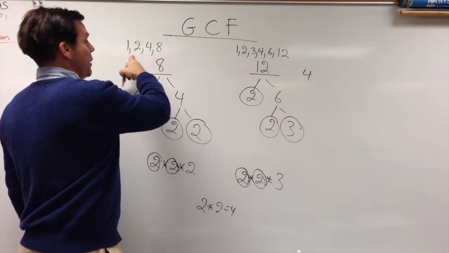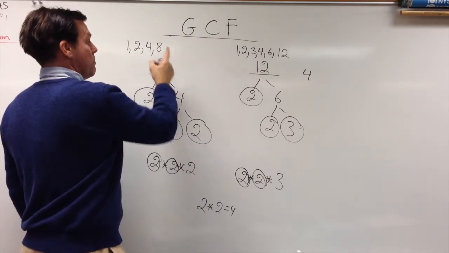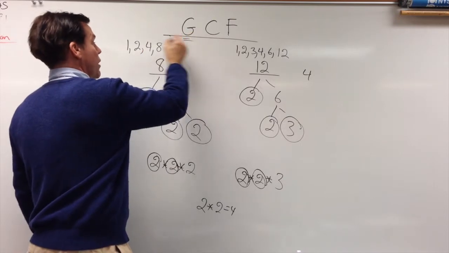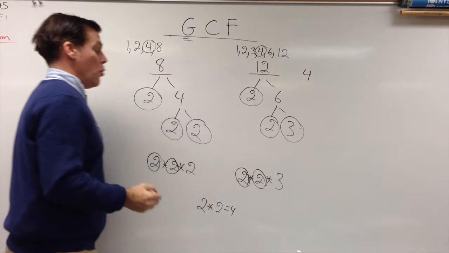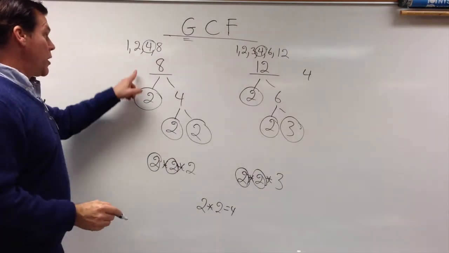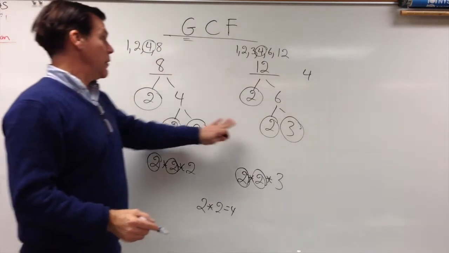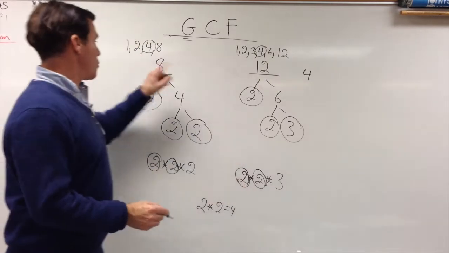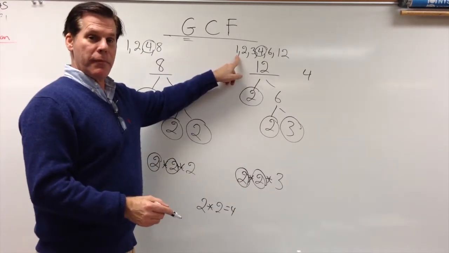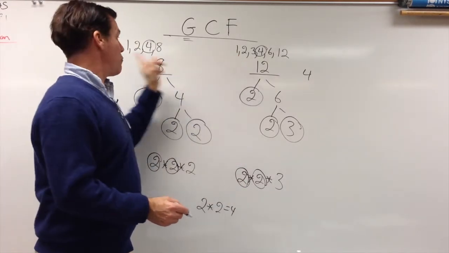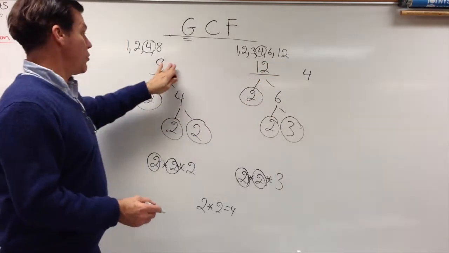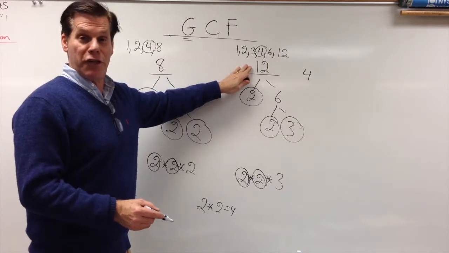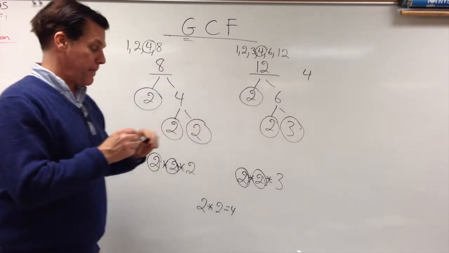They both have 1, they both have 2, but the biggest, which means the greatest factor that they have in common, is a 4. Okay? But we're going to use prime factorization to figure that out, because when the numbers get bigger, writing all the factors may not be the best way to go about it. Better to go with prime factorization between the two numbers.